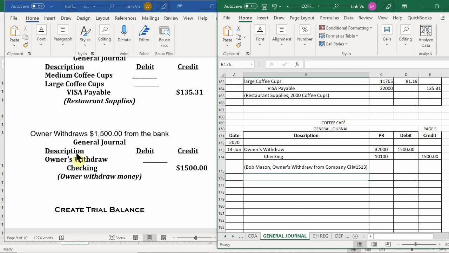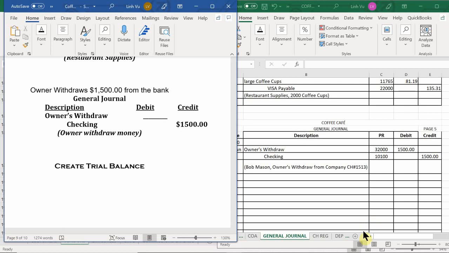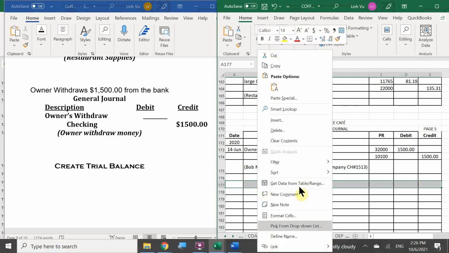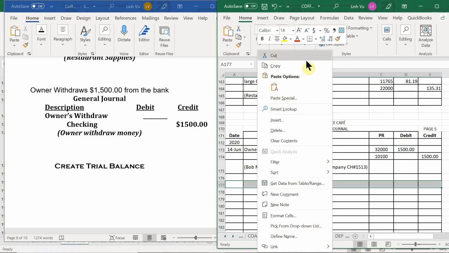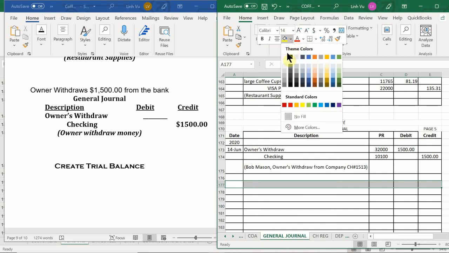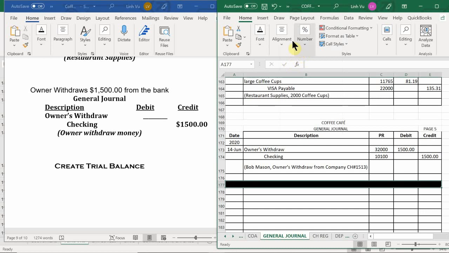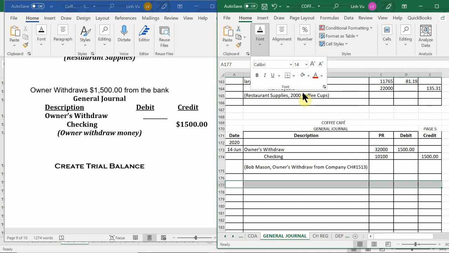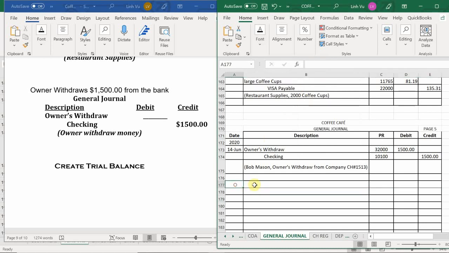Okay. So in this case, we reached the very end of the transactions. So what I'm going to do here is what I normally do, where I block this section off because we are done here. No more transactions after this. You write the trial balance there and the amount later. You don't have to write the amount.